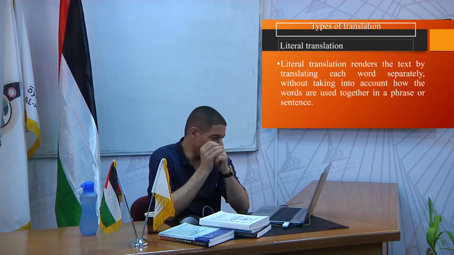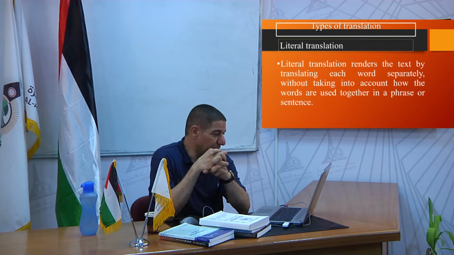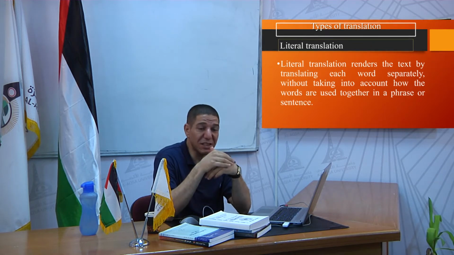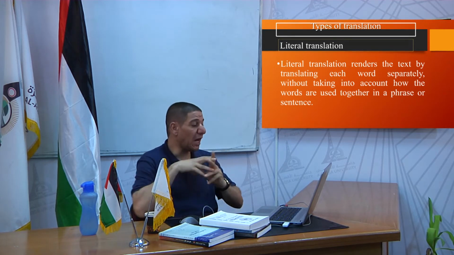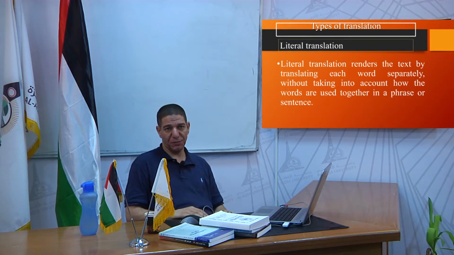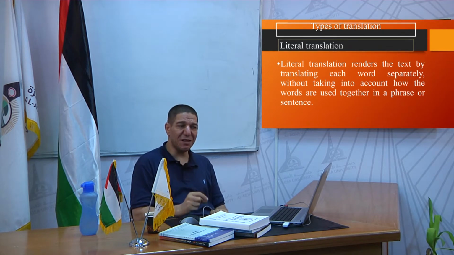Types of translation. Literal translation. It renders the text by translating each word separately without taking into account how the words are used together in a phrase or a sentence. You come across a sentence, you pick words, you translate them as they are in the dictionary.